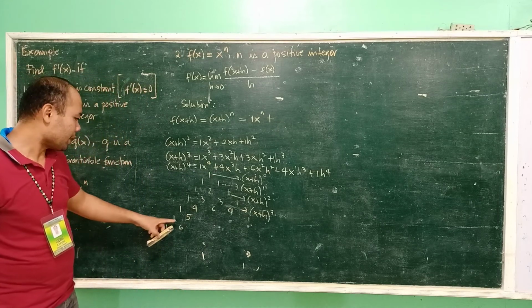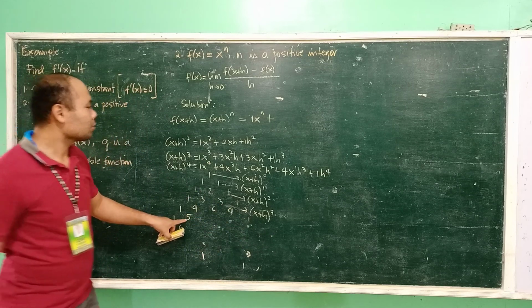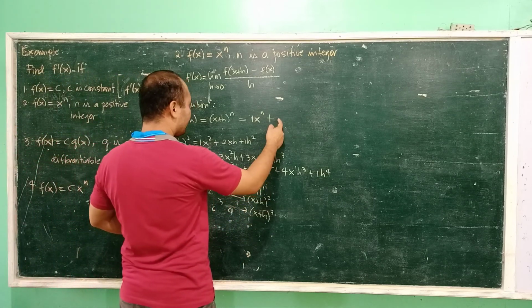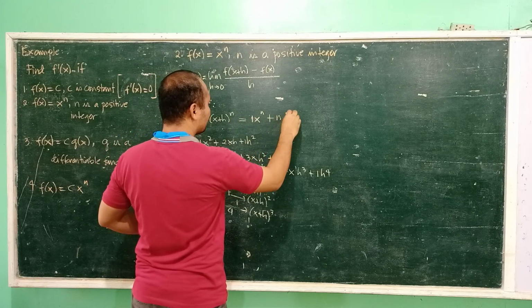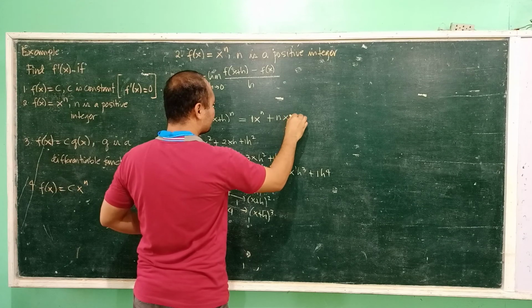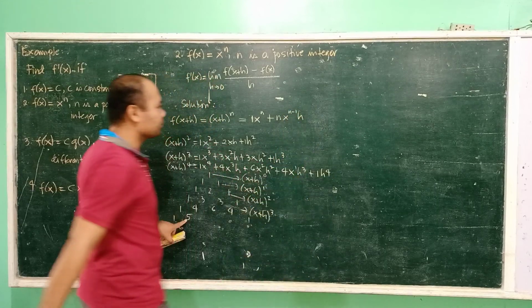If you have, for example, the 5th, there is always 5 here. So what do you expect when you have an n here? It's like n, you have x to the n minus 1, h.